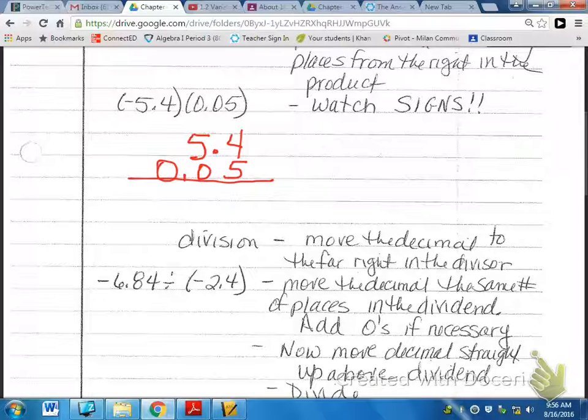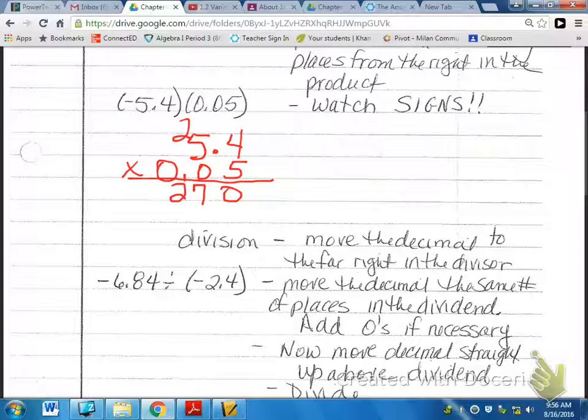Remember, you don't line up the decimal, and we are multiplying. So 5 times 4, 20. And 5 times 5 is 25 plus 2 is 27. Because the other two numbers are 0 in that second number, I'm done multiplying.